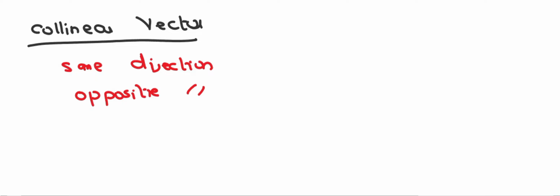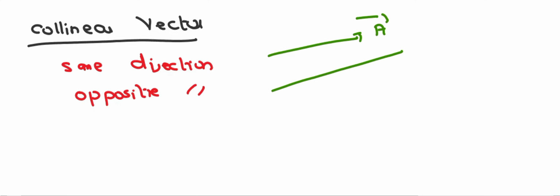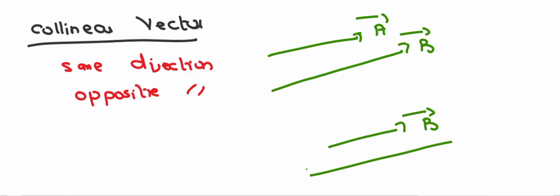So these are the collinear vectors. Let's suppose we have two vectors, let's call this A and this B. This is collinear vectors, and this is B and this is A. So this is also collinear vectors.